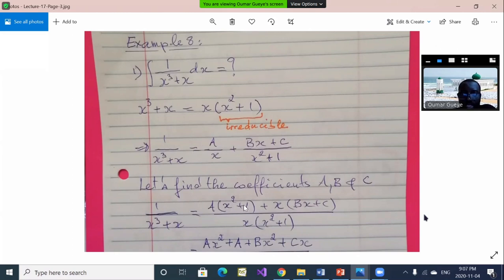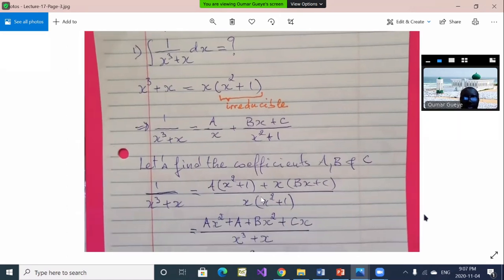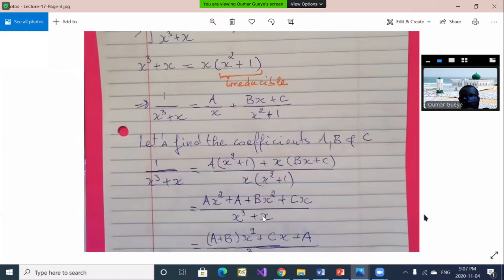So we'll get A(x squared plus 1) plus x times (Bx plus C). So we expand the numerator, and the denominator is still equal to the initial one, because it was just obtained from there.